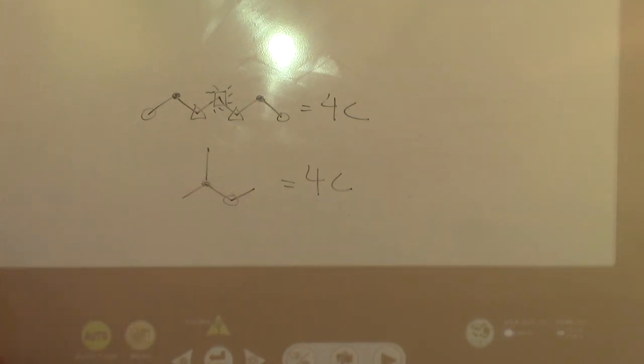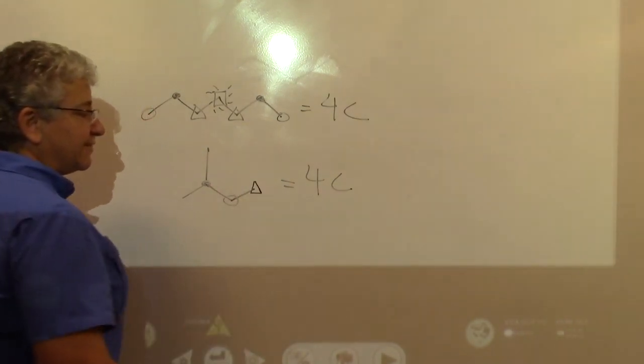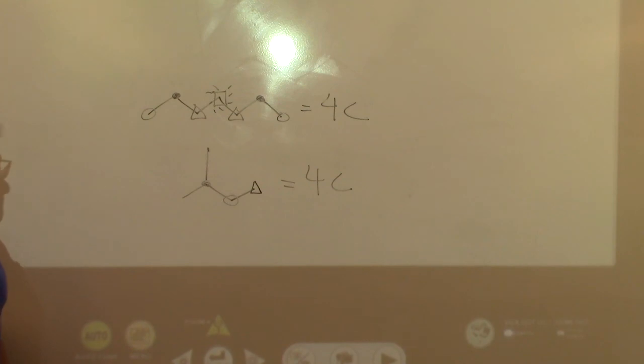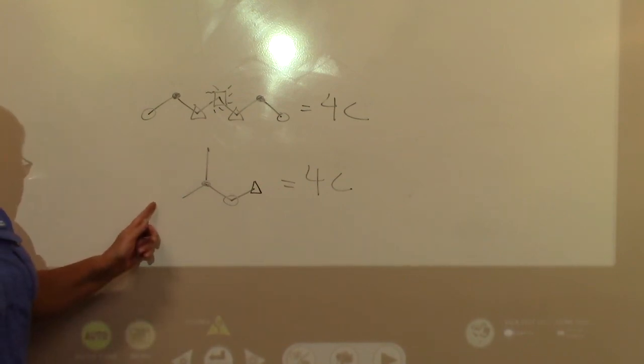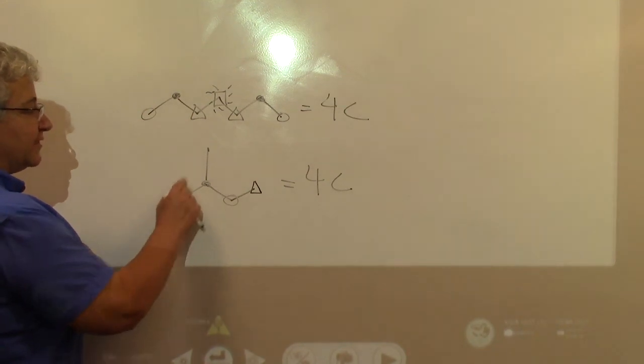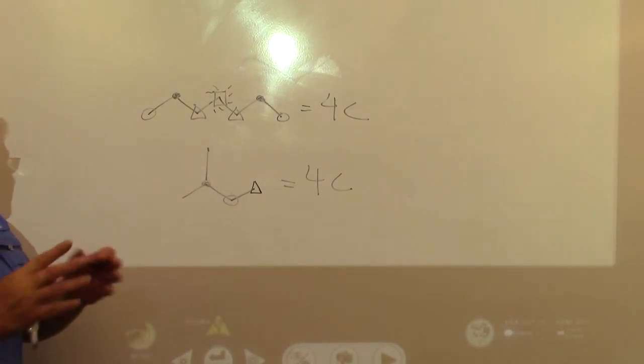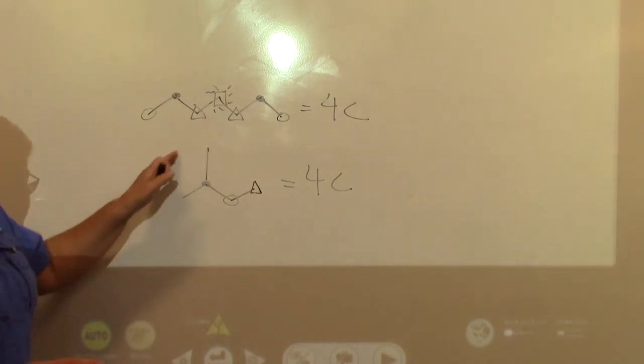And the question is, are they all the same as each other, or are they all different from each other, or are some of them the same and some different? And maybe you can see that that one is in fact different from the other 2, because it is bound to a CH2 group. And these are bound to a CH group, right? So this is different from these other 2.